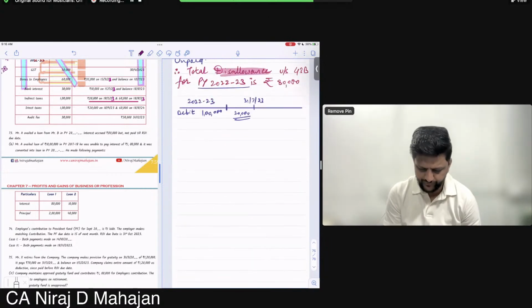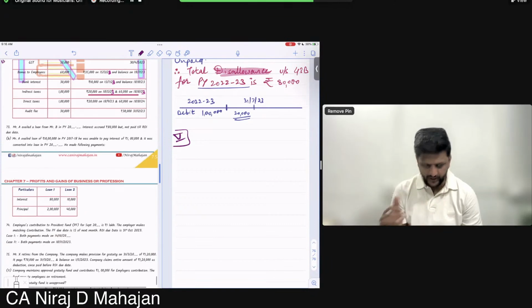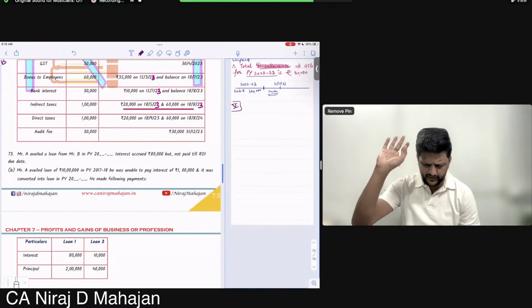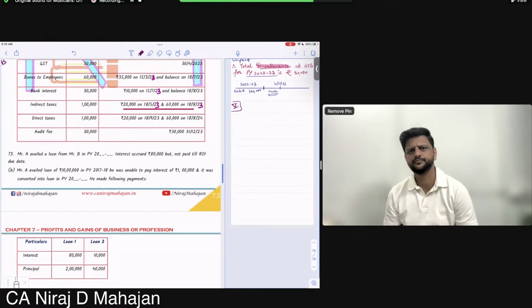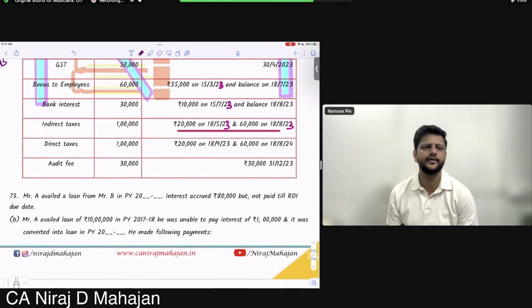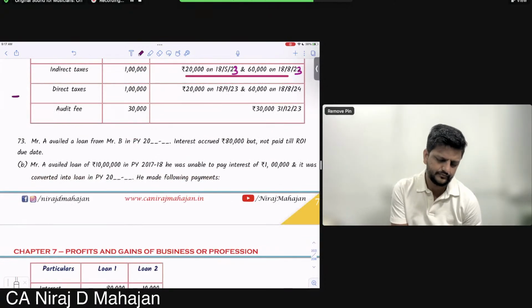Next, direct taxes. Total expense 1 lakh. 20,000 paid on 18th September 23. 60,000 paid on 18th August 24. Total disallowance in the current year is how much?